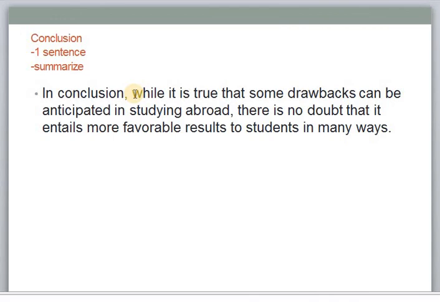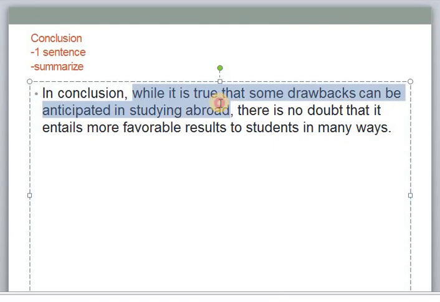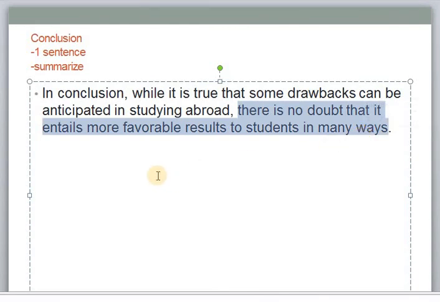So you summarize what you've written in body 1. In body 1, you've written the drawbacks. Here, while it is true that some drawbacks can be anticipated in studying abroad, body 2, there's no doubt that it entails more favorable results to students in many ways. So although it's only one sentence, it's actually a complex sentence. It's a long sentence, right?